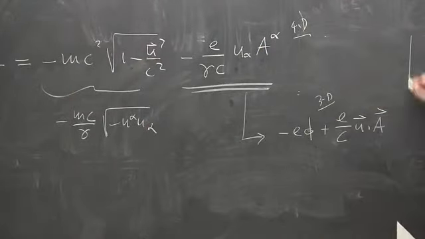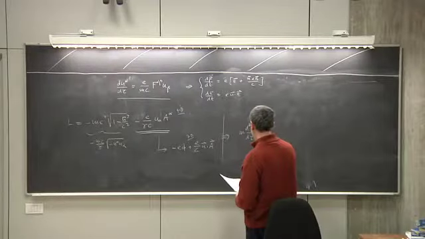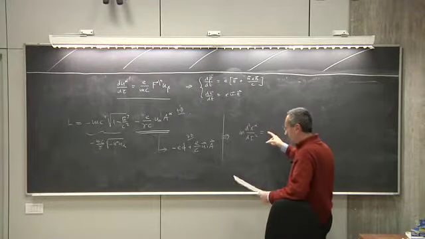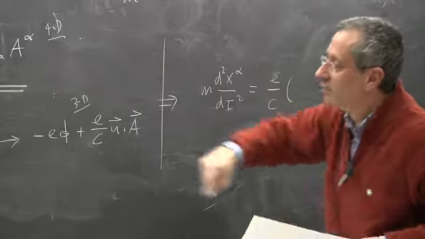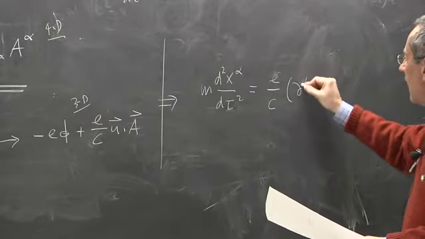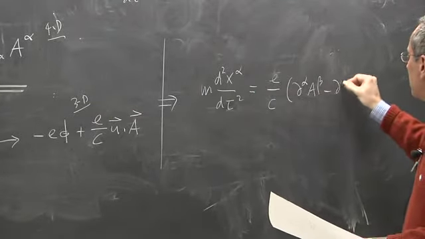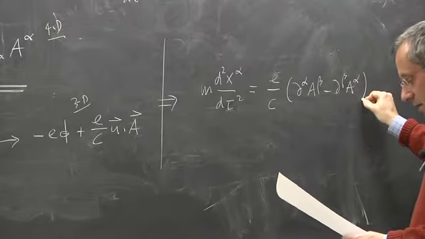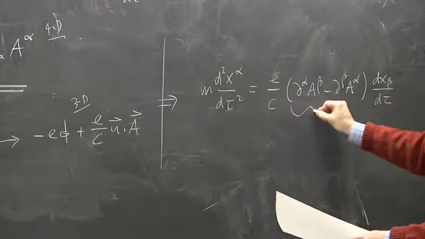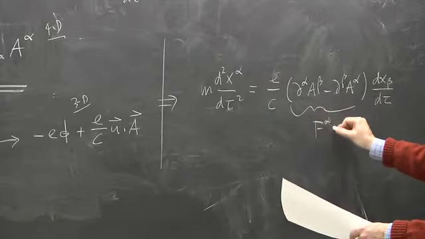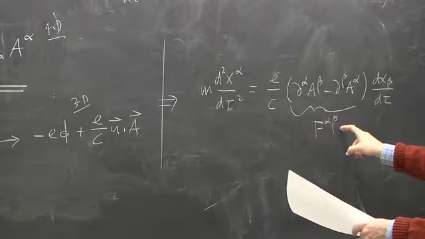So if you do the Lagrange equation, which I don't want to do, you get, as before, the acceleration using the proper time, but instead of being equal to 0, it is equal to e over c. Then you take the derivative of A alpha, so you get d alpha A beta minus d beta A alpha times the velocity. And if you remember the definition, this is F alpha beta.